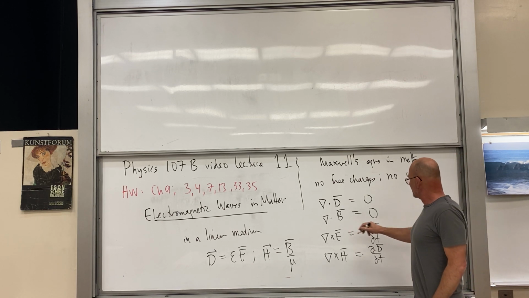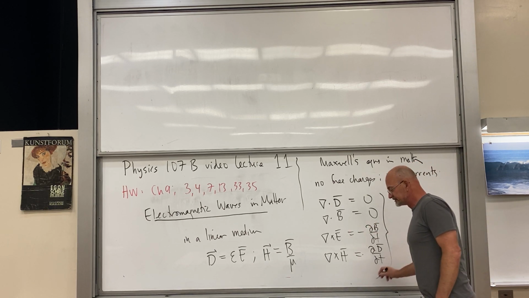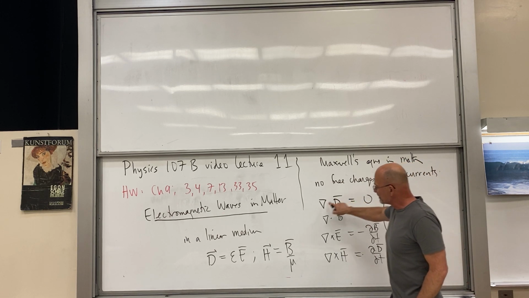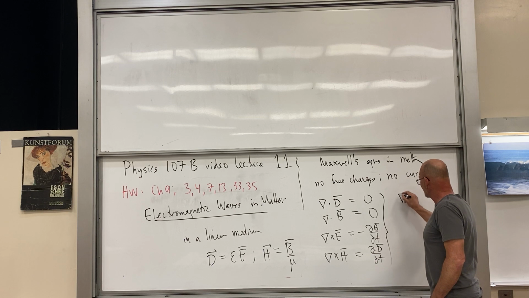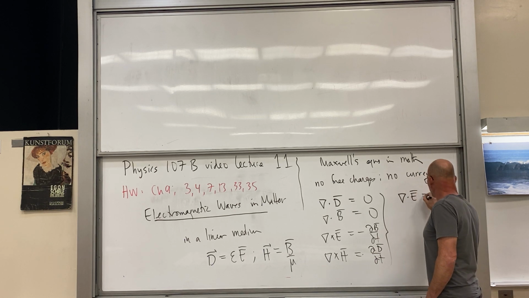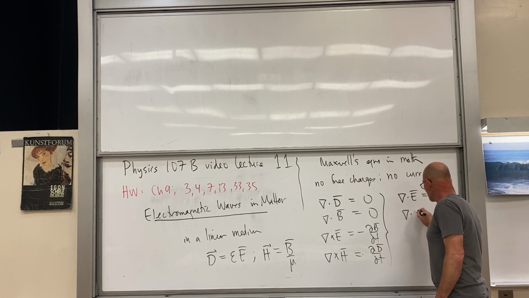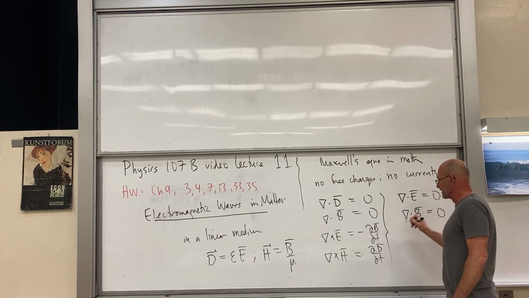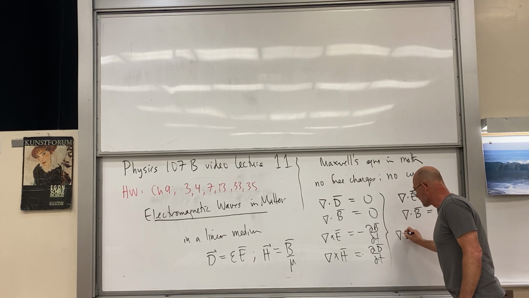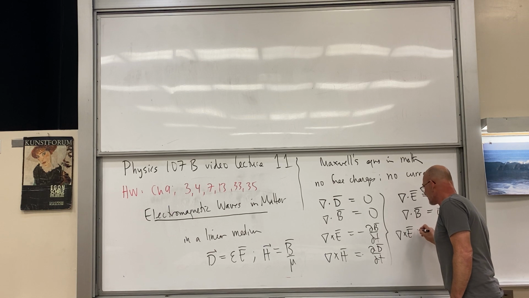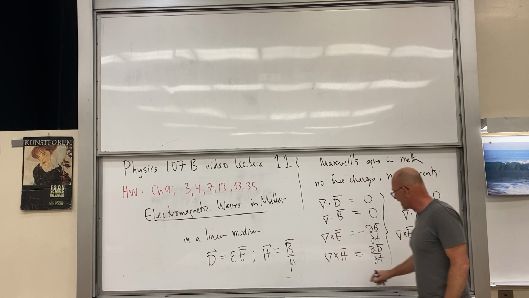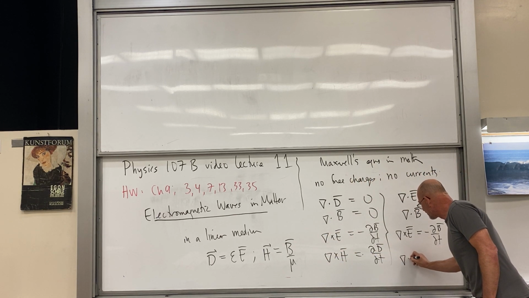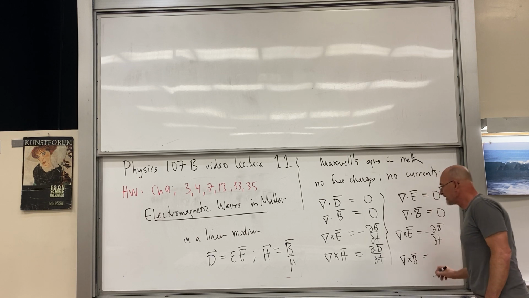In fact, I could do that right here. We've got direct proportionality. We have a 0 on the right side, so we just end up with divergence of E vanishing. Nothing changes on the magnetic field. Faraday doesn't change either. But these two relations put together give us curl of B equals, right?